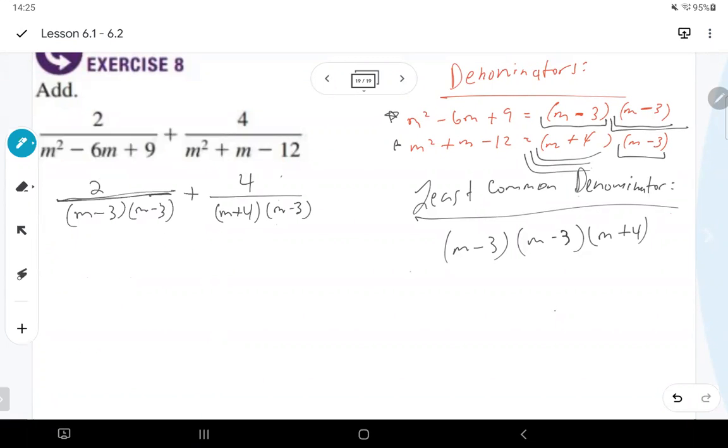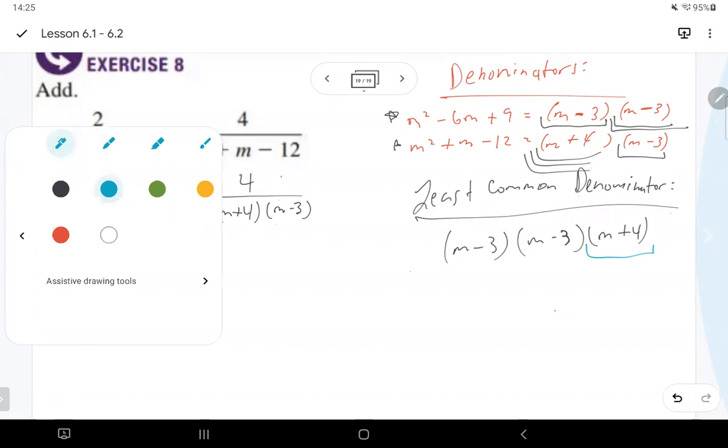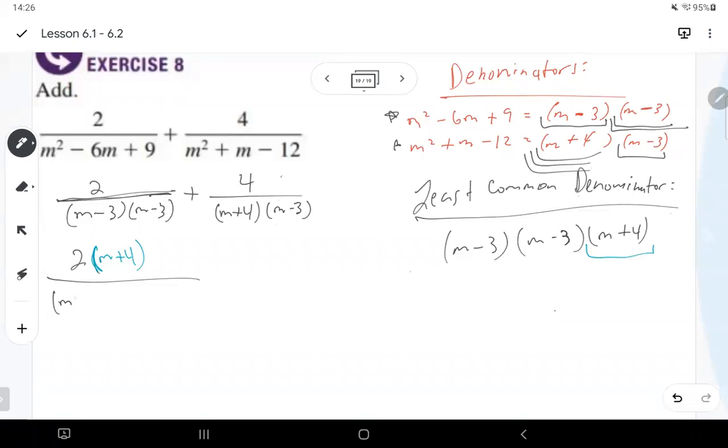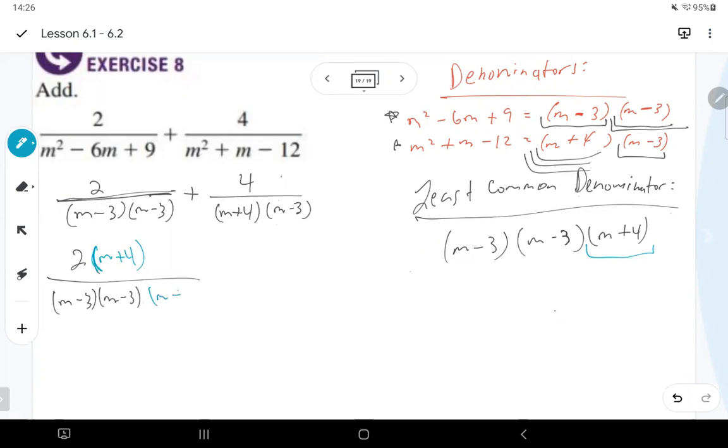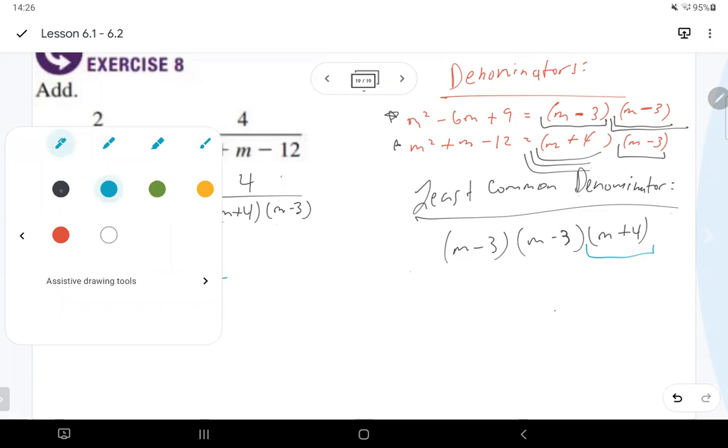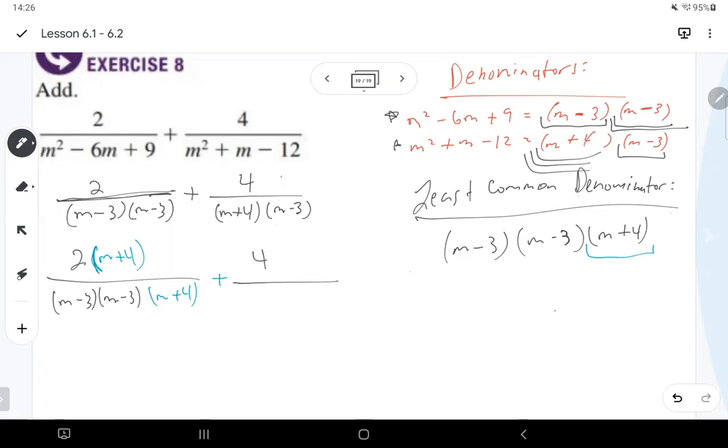In the first one, what we're missing is the m plus 4. So I have 2, and then m plus 4 on the top and the bottom. And then for the next one, I'm missing a second m minus 3.